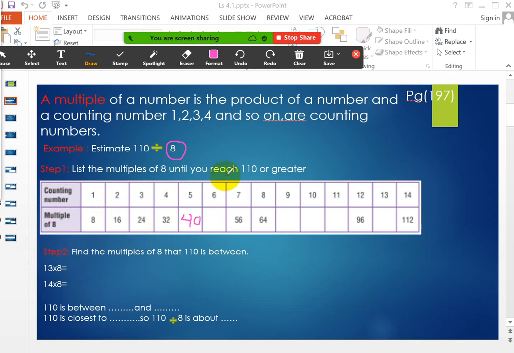Now, 8 multiply 6 equals 48. And 8 multiply 7 equals 56. 8 multiply 8 equals 64. 8 multiply 9 equals 72. So here I want to find the multiples of 8. 8 multiply 10 equals 80.